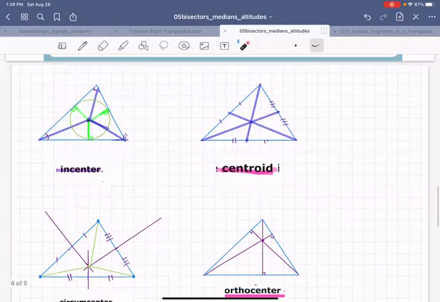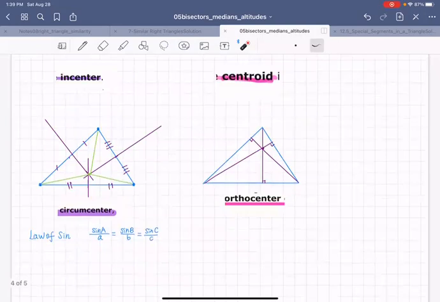Okay. The last center is called the orthocenter. How do we draw the orthocenter? Actually, drawing the orthocenter is not hard. You draw a perpendicular line through the vertices to the opposite side.